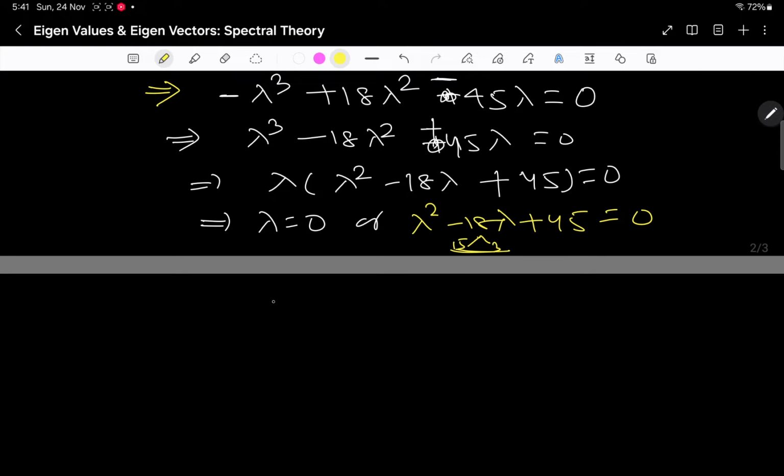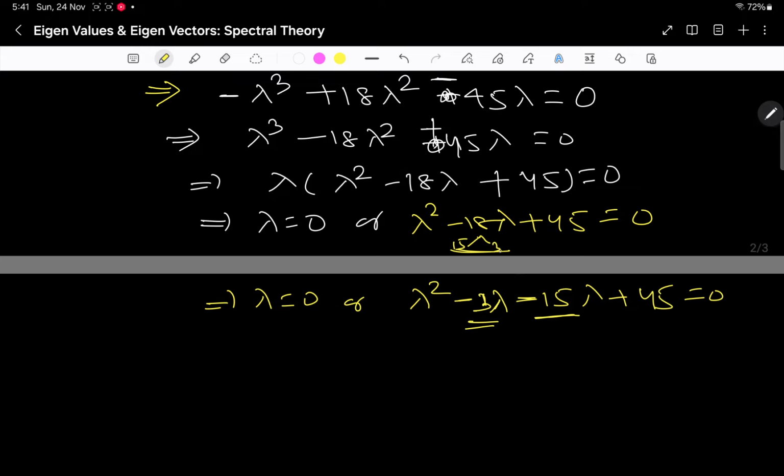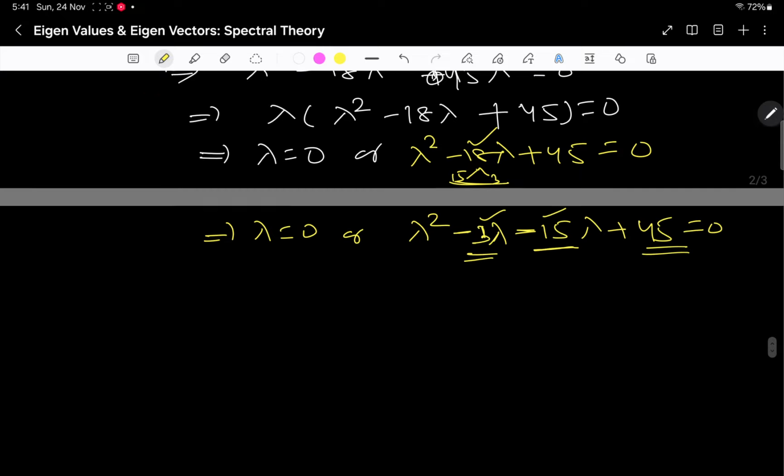So lambda is equal to 0, or lambda square minus 3 lambda minus 15 lambda plus 45 is equal to 0. Minus 3 minus 15 is minus 18, and their multiplication is 45. This is middle term factorization.